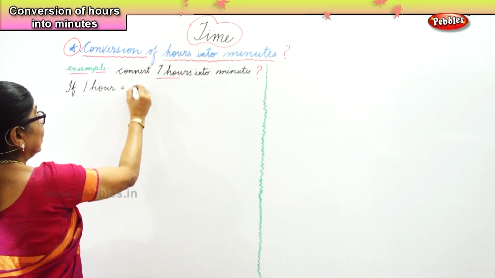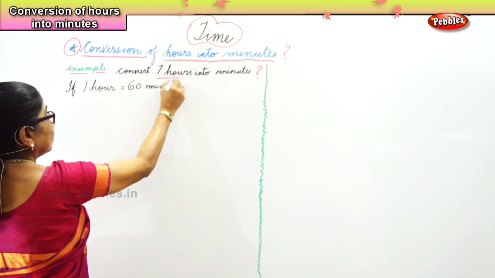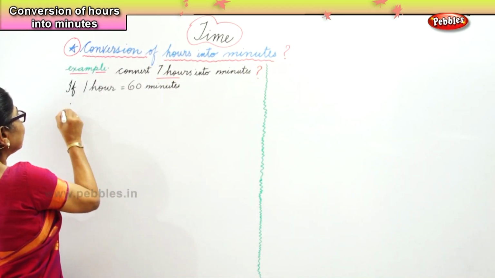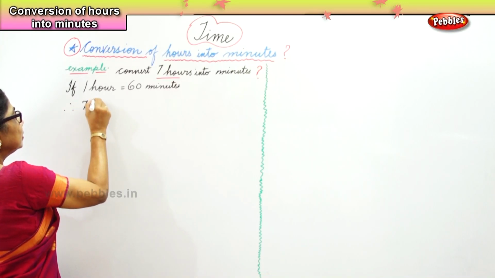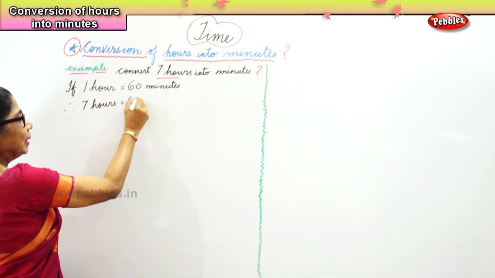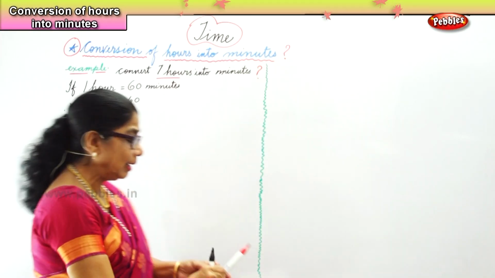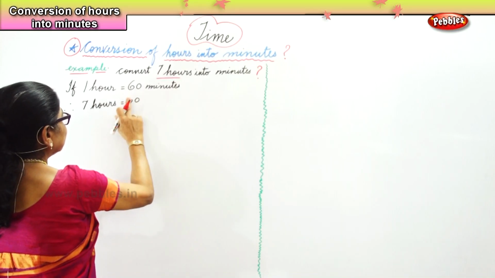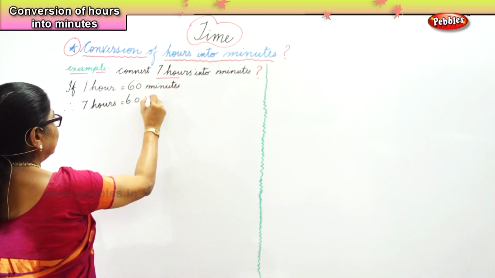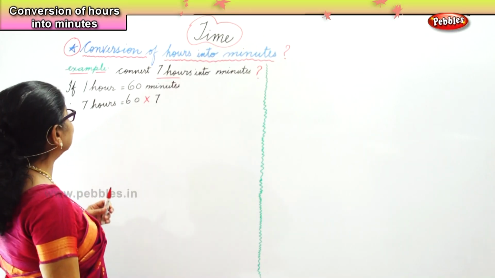If 1 hour is equal to 60 minutes, then 7 hours, therefore, 7 hours equal to 60 minutes into 7. So 60 minutes into 7 will give us the answer, how many minutes are there in 7 hours.